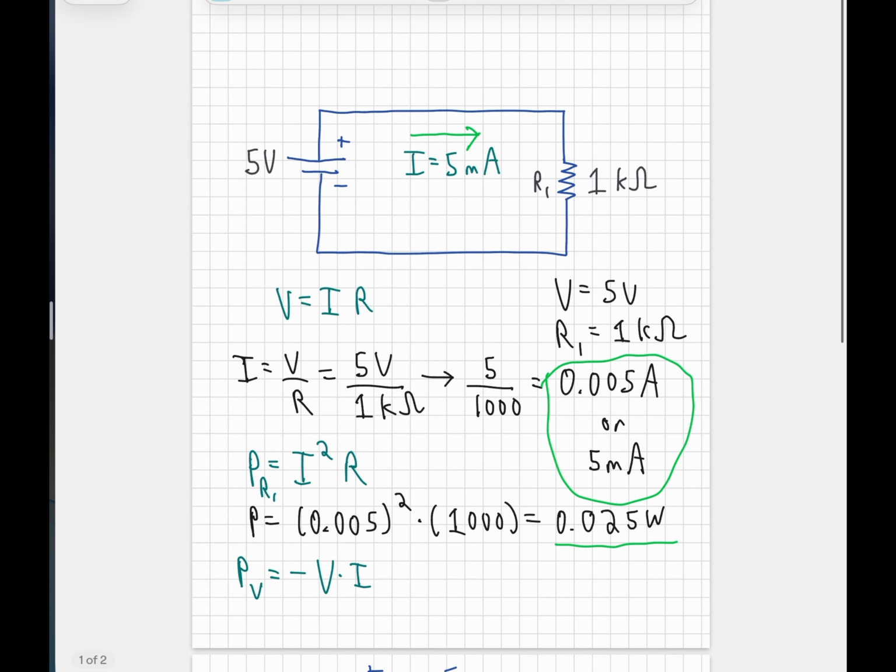So now that we know where that negative comes from, let's continue solving this equation here. So you've got a negative, and the voltage is 5 volts, and the current is 0.005 amps.